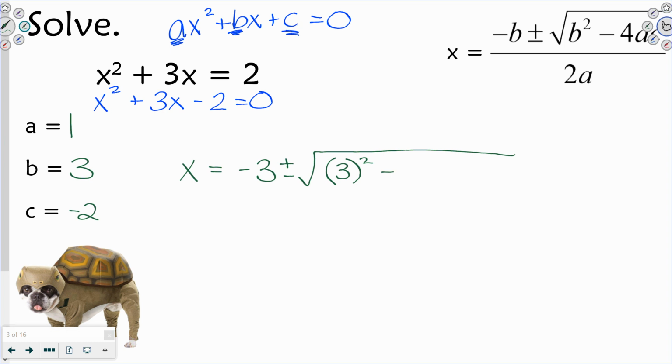Then you have minus 4 times my a, which is 1, times my c, which is negative 2, all over 2 times a, which is 1. No, it's just a positive. You get 2 times the a value. Now, if you do not have a calculator, grab one.